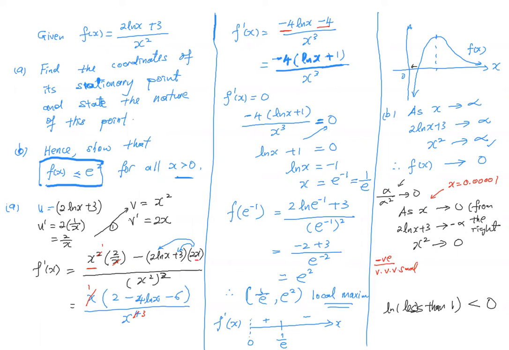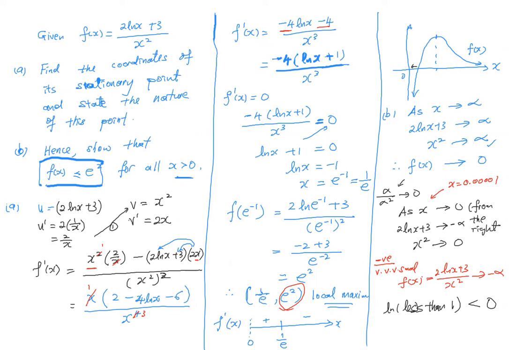So it will approach, so my f(x), which is 2 ln x plus 3 over x squared, will approach negative infinity. So therefore, this value of y is the maximum value, is also the global maximum.